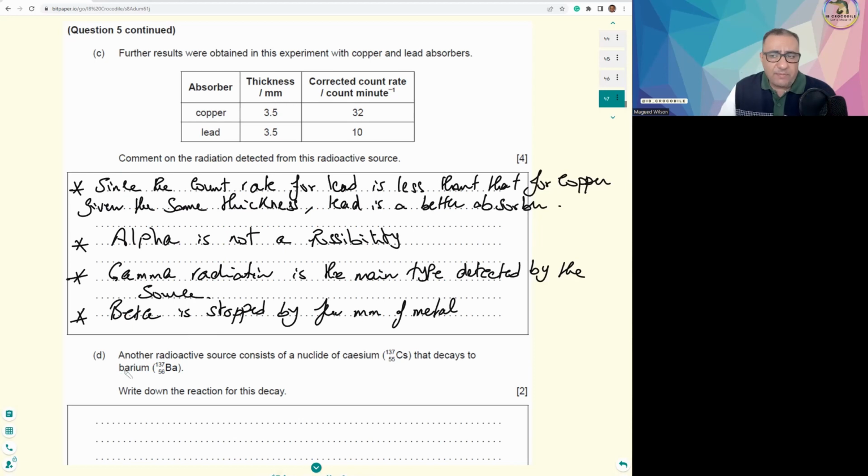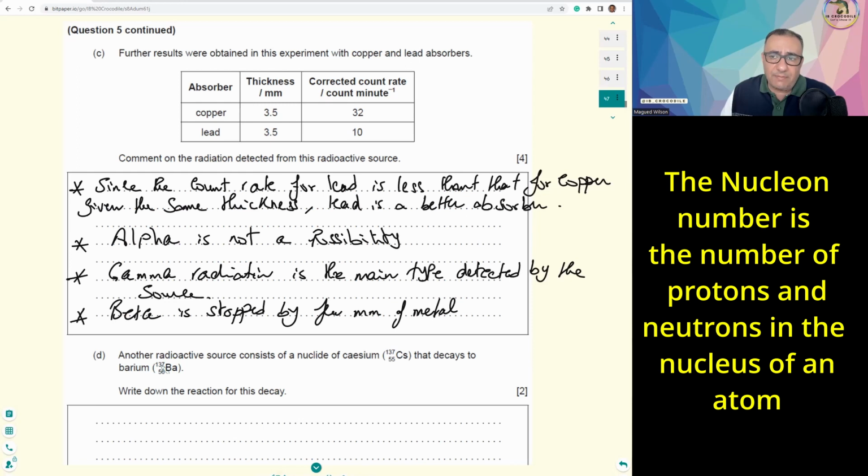Now, last part here, part D. Another radioactive source consists of a nuclide of cesium, Cs-137, that decays to barium, Ba-137 as well. So 137 here is the mass number, and we call it the nucleon number, which is the sum of protons and neutrons.